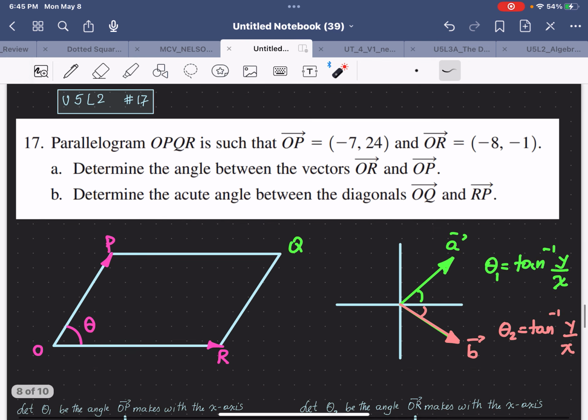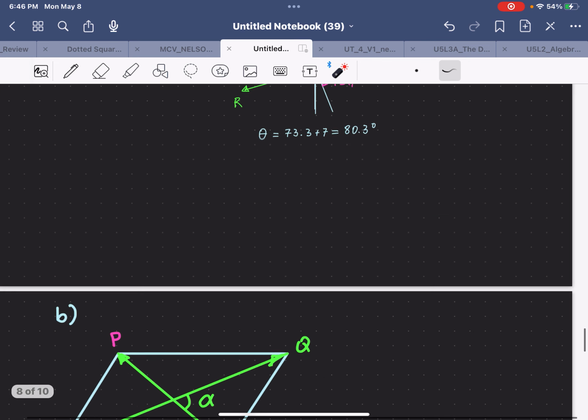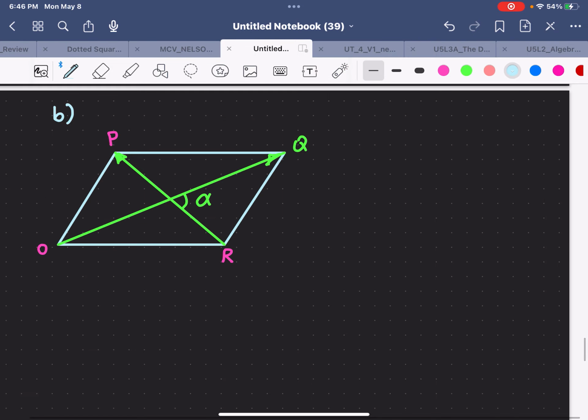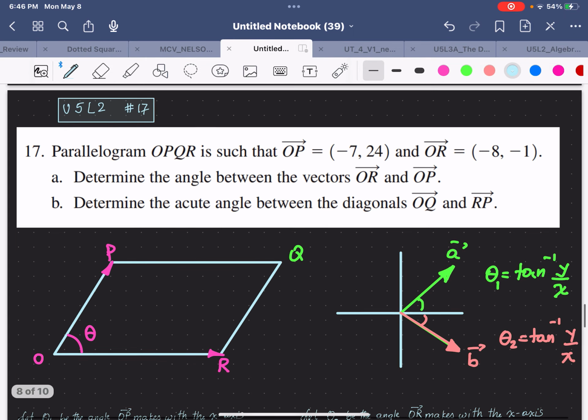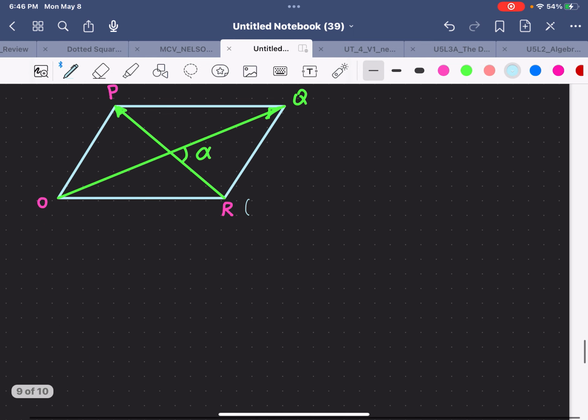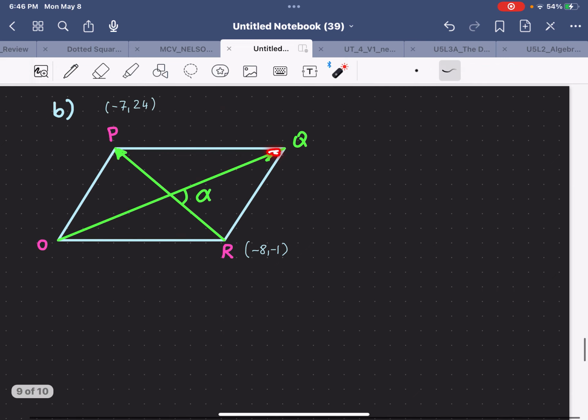Now the coordinates of OP are -7 and 24, so I'm going to write that down. And the coordinates for OR were given, I think, -8 and -1. Let me double check, yes. So -8 and -1.